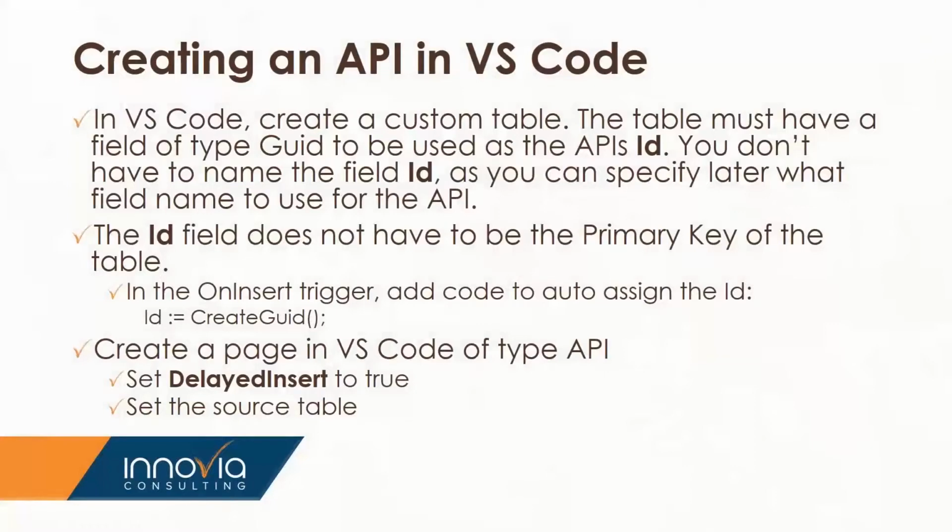Okay. So when you create an API in VS Code, let's say it's a custom API. A custom API can be for a Microsoft standard API that you want to copy, something that has already been created by Microsoft, but you can't extend it because it's an object that says you can't turn it into an extension.